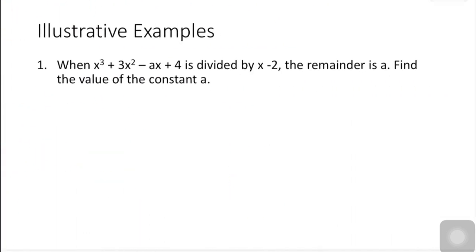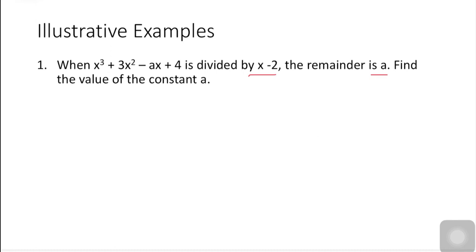Okay, so let's look at the first example. It says when ax cube plus 3x square minus ax plus 4 is divided by x minus 2, the remainder is a. So we know the remainder when a polynomial is divided by x minus a is equal to f of a. So when a polynomial is divided by x minus 2, the remainder would be f of 2.